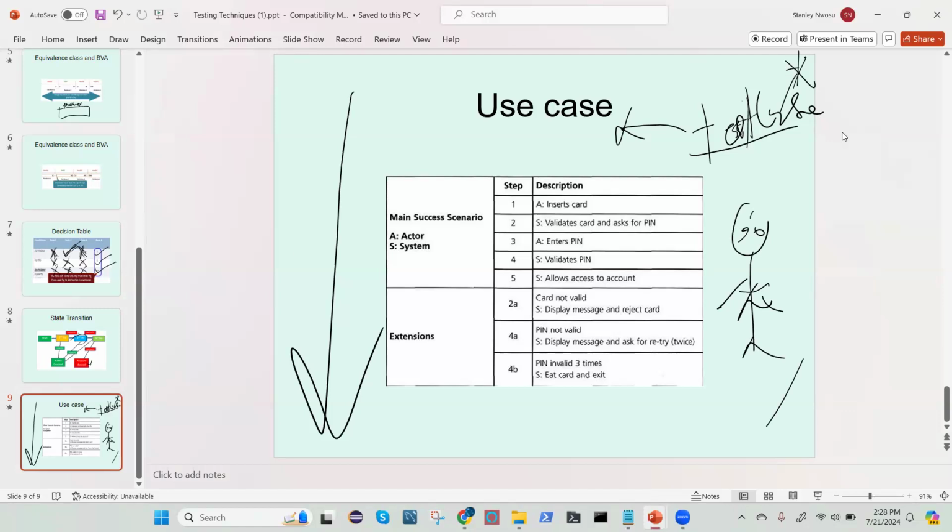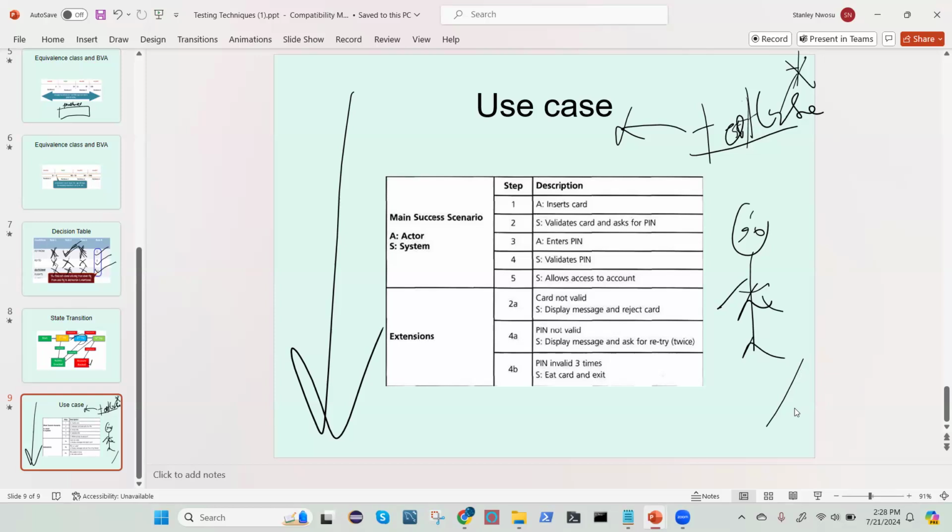Use cases have an actor and the system. You are the actor and this is the system, the ATM. When you go to an ATM machine, inserting a card is the action. Then the system validates the card and asks for the PIN. Three, you enter the PIN, the system validates it and allows access to the account. If the card is not valid, it displays an error message and rejects the card.